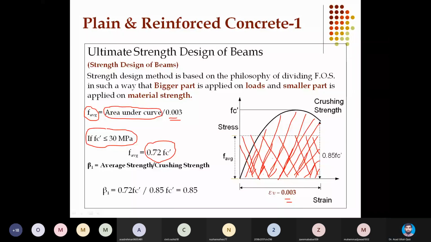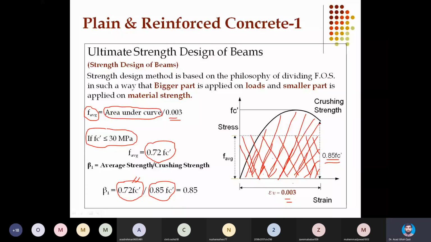So now, if I have for concretes up to 30 megapascal this F average, I can get a very useful unitless ratio represented with a Greek letter beta with subscript 1, which is the ratio of average strength over crushing strength, which we have selected as 85% of peak.